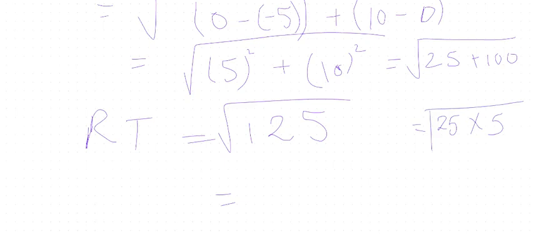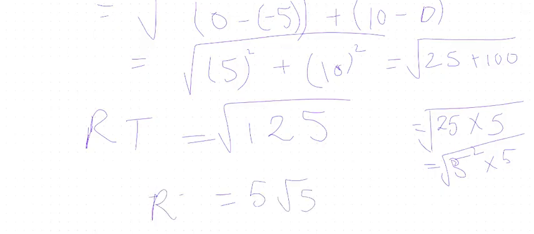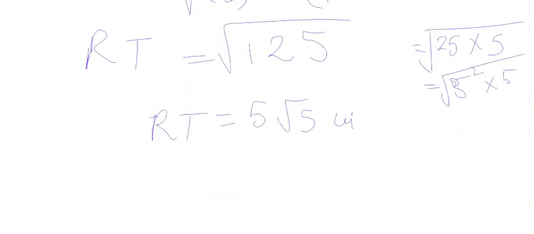Taking the square roots separately, we get 5 square root of 5. So this is the distance of RT, the length of the RT line, in units. This is the required answer: the length of RT is 5 square root of 5.